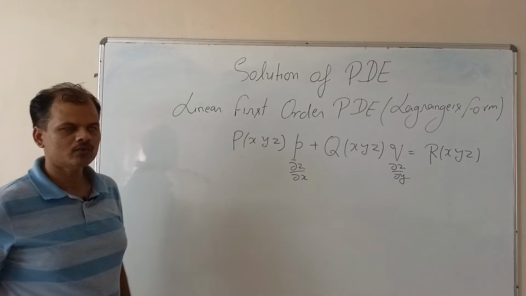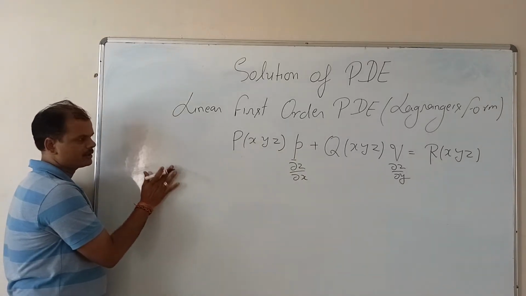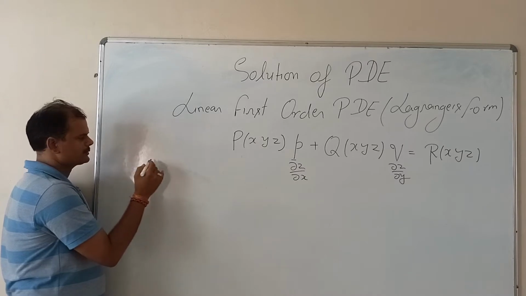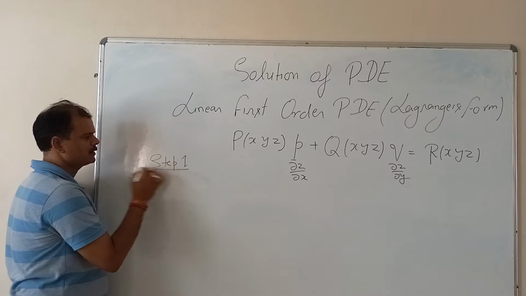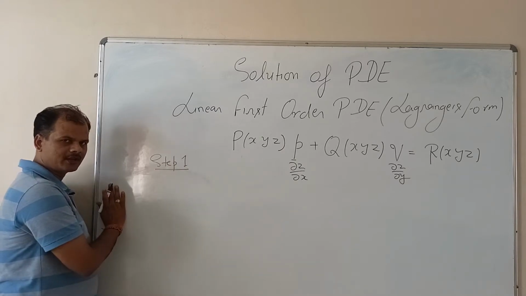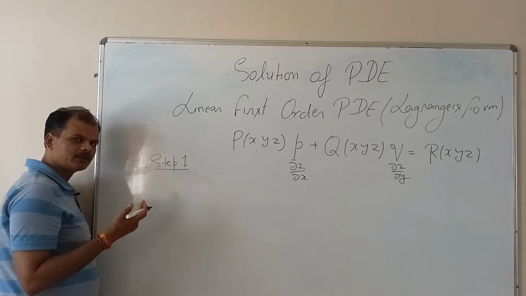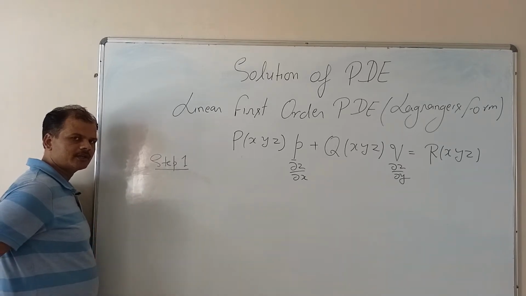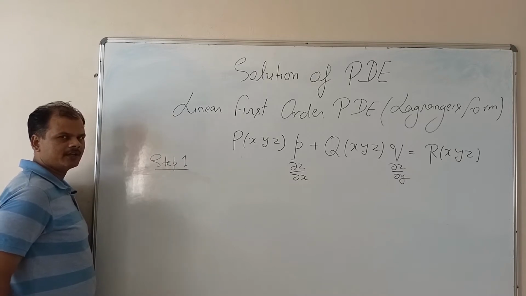Okay. Now how to solve this equation? For that we see the working procedure. There are three steps. In step 1, we write the auxiliary equation. Like in the ordinary differential equation we write an auxiliary equation, in the same way for PDE also we have an auxiliary equation.